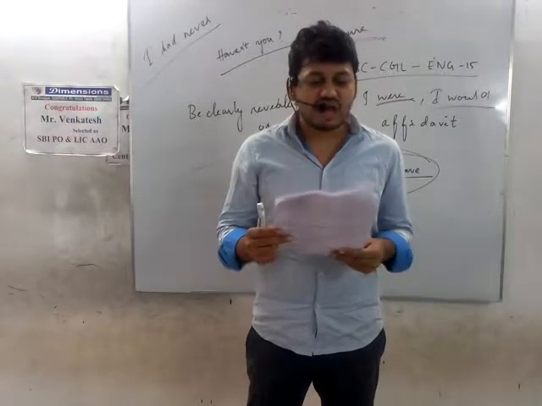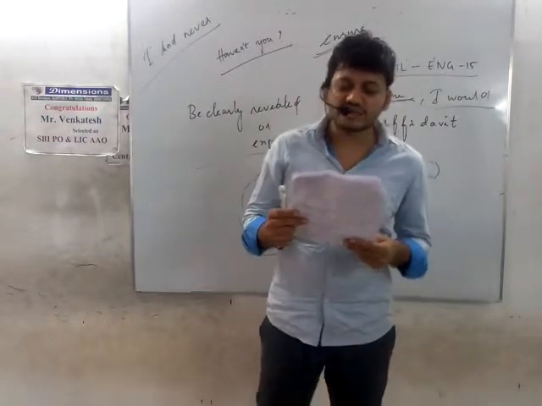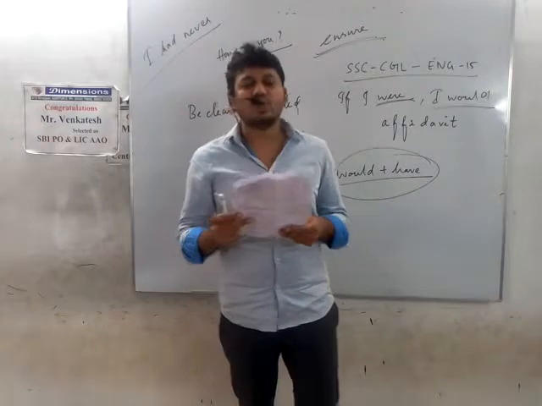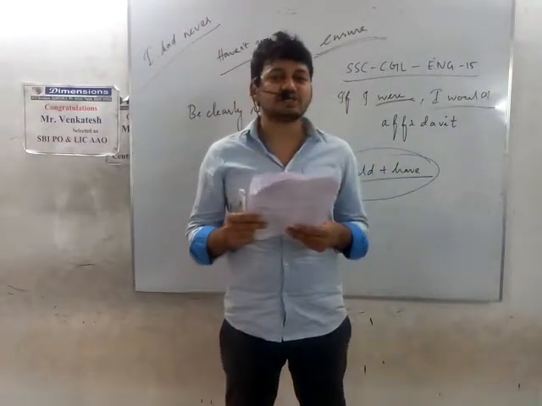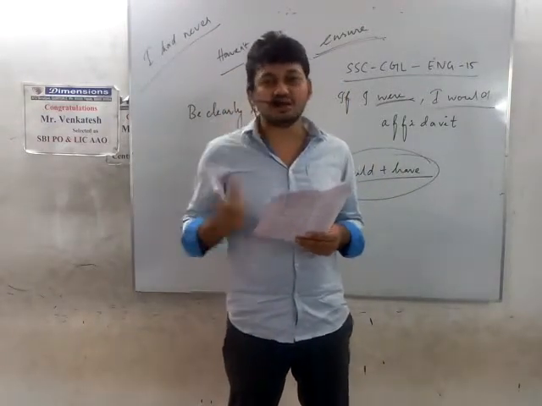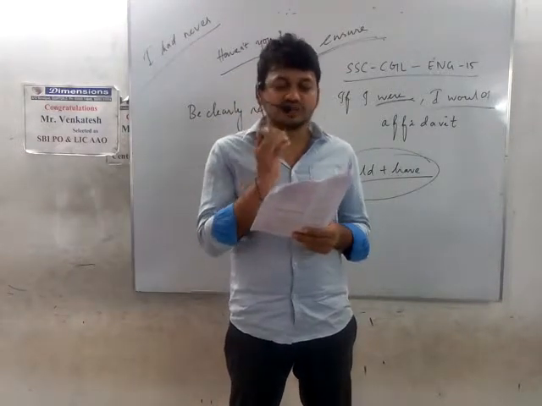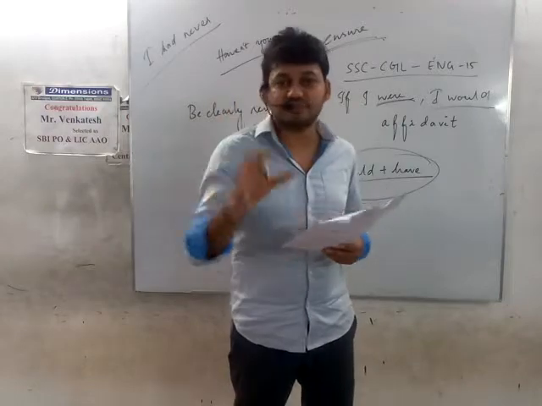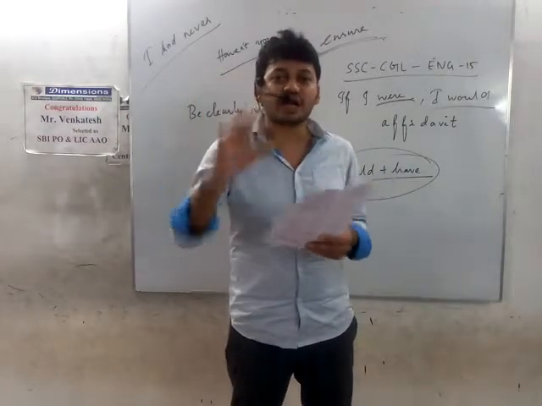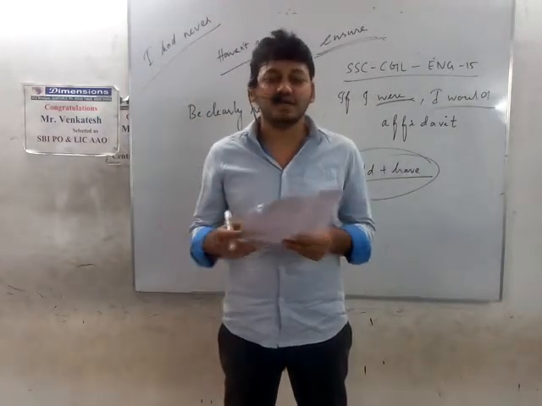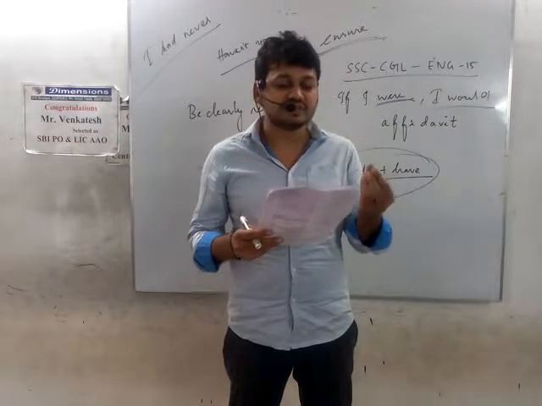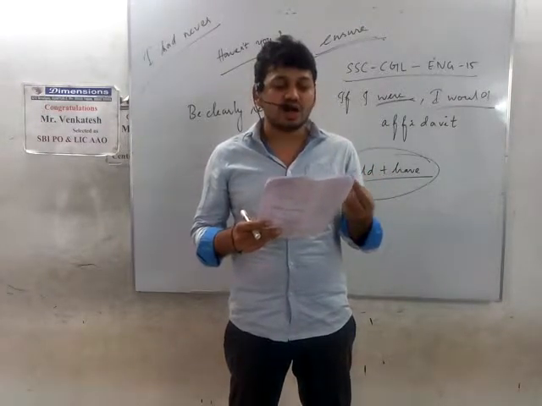Next one. I have been knocking at the door 5 times. I don't think anybody is in. So it was not a continuous process to mention knocking, because it was adjacent to it, it was clearly specified 5 times. So 5 times is not something continuous. It could have been if the sentence is like this: I have been knocking at the door.